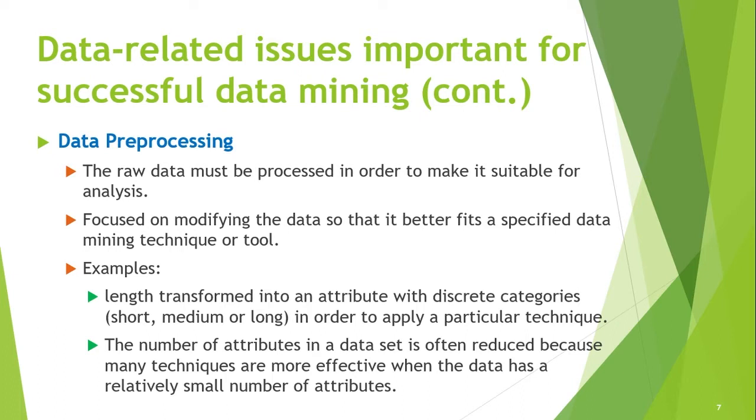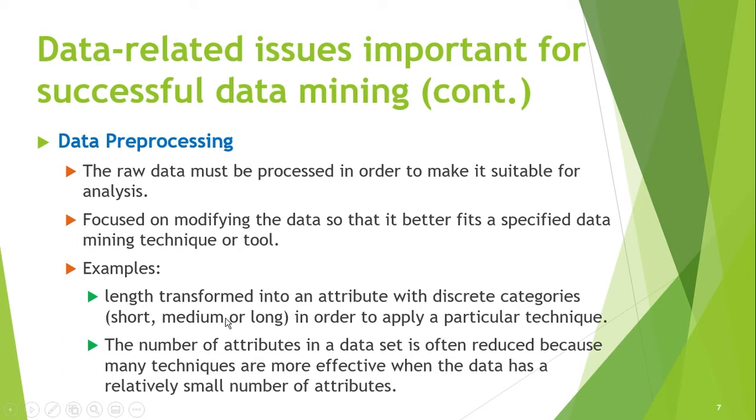Next is the data pre-processing. Often, the raw data must be processed in order to make it suitable for analysis. While one objective may be to improve data quality, other goals focus on modifying the data so that it better fits a special data mining technique or tool.